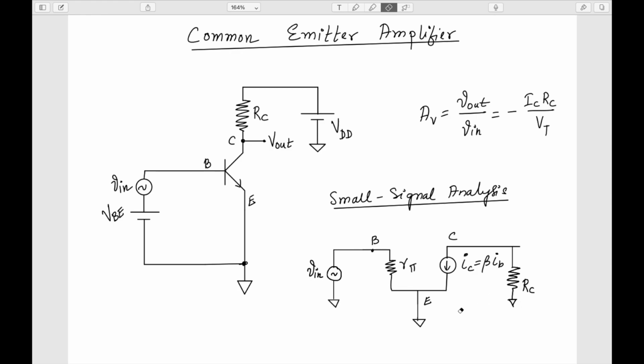And this consideration that this is an AC ground makes the analysis very simple. And of course we are observing the output at the collector, so this is my V out.